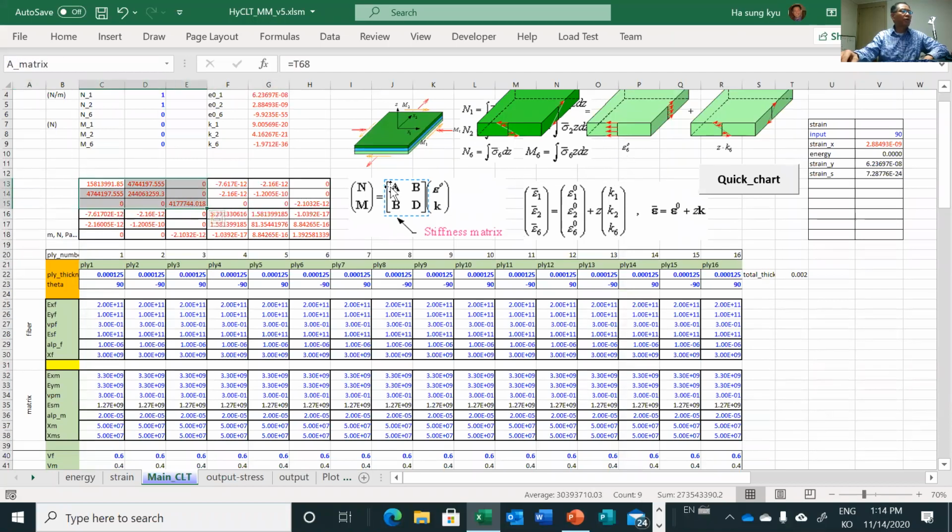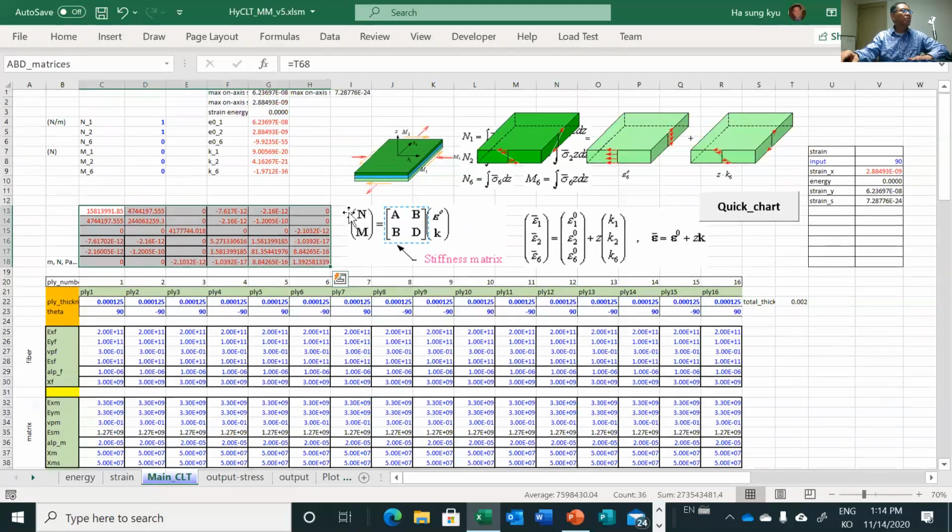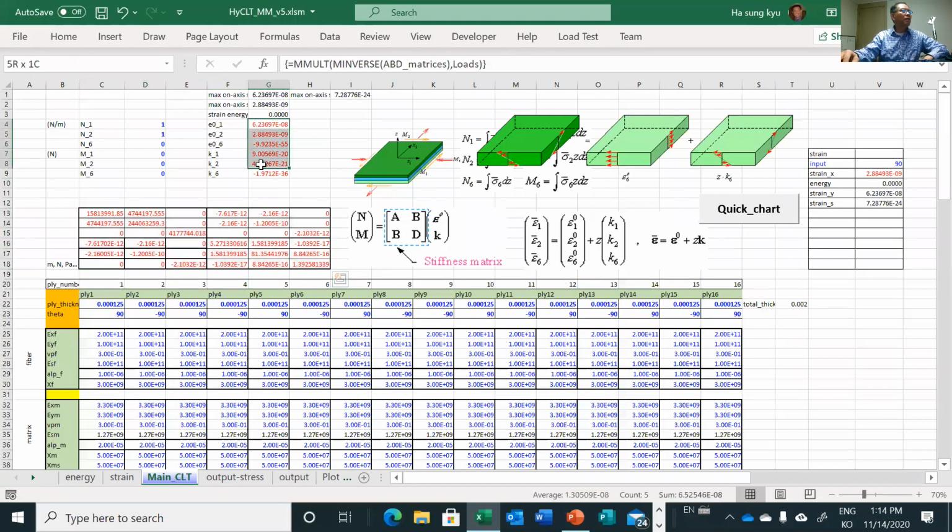A, again, is 3 by 3 because N has 3 components, and M also has 3 components, and then ABD, epsilon 0 and curvature. Those are unknowns, which we would like to obtain. So once we have the ABD, all you need to do to calculate epsilon 0 and curvature is just invert and multiply. That's what we have done here.